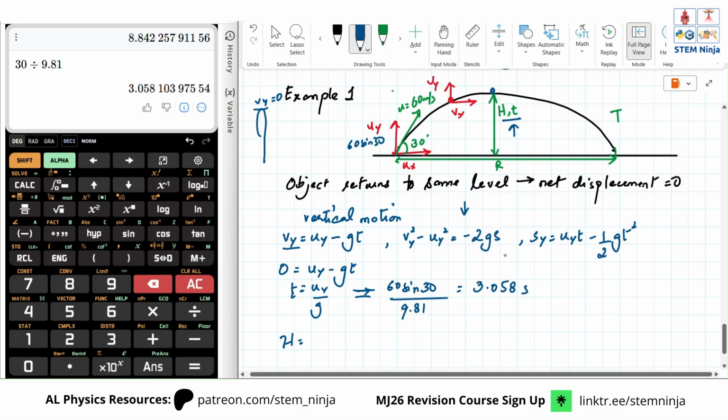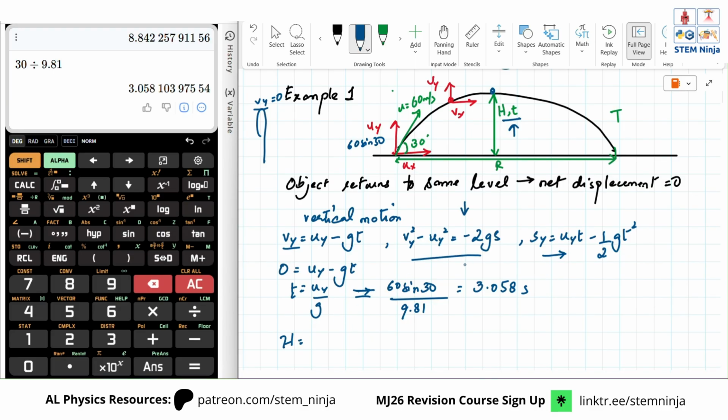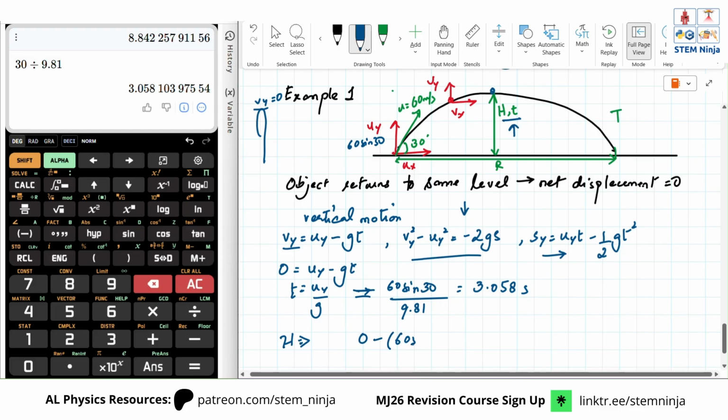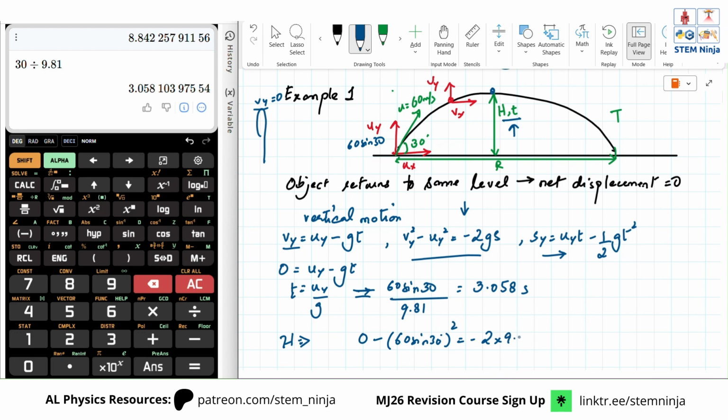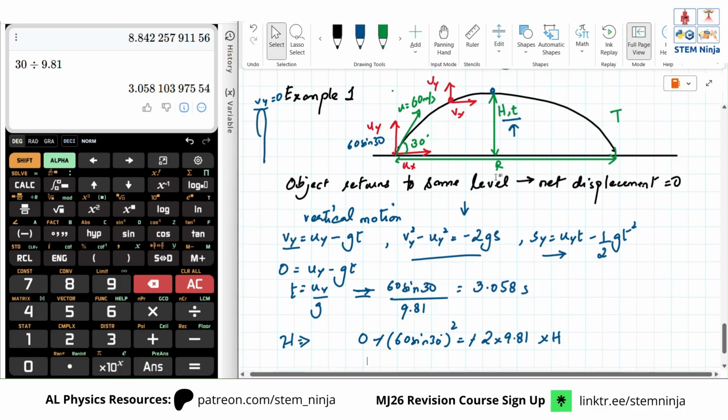We can find out the height without using the time. We can find out the height also, but we can use the time component also. But let's say we don't want it. We can use this thing. Vy, we know it's 0. Uy is 60 sine 30 degrees squared minus 2 times 9.81 times height. So minus cancels out.